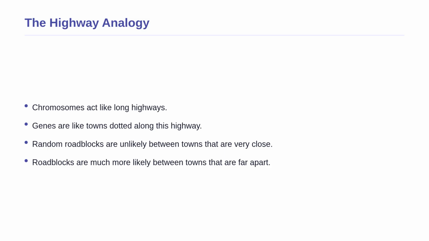However, if two towns are very far apart, the chances of a roadblock occurring somewhere between them are much higher. In genetics, a chromosome is exactly like that long highway, and the genes are the towns located along it. This simple idea of distance and probability is the entire foundation of genetic mapping.